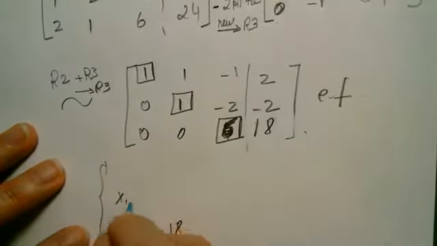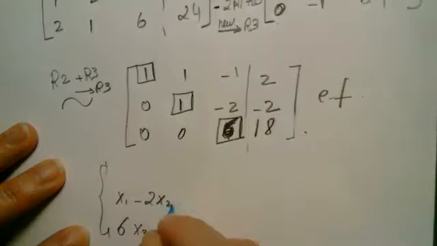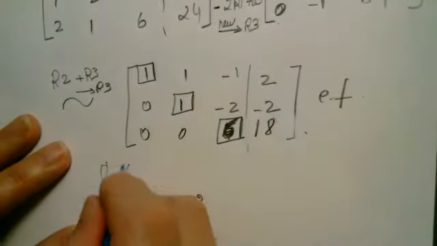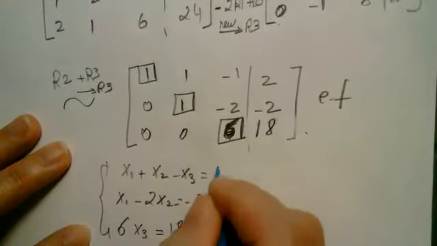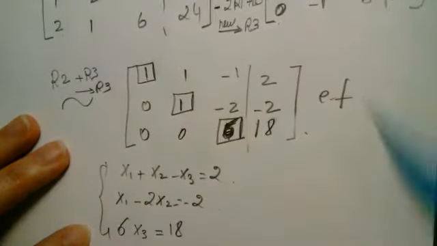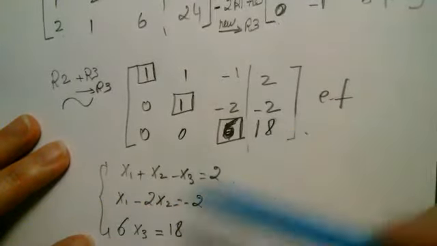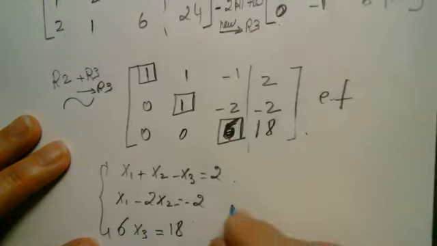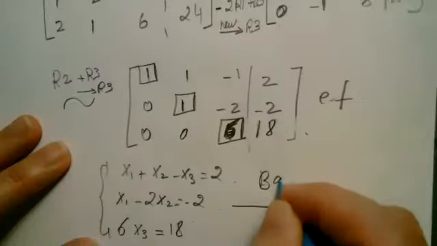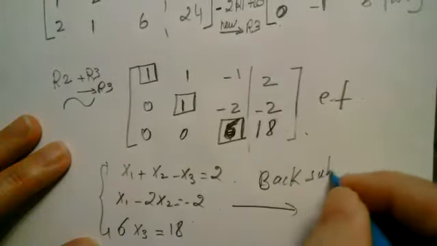The one before it, x2 minus 2x3 equal minus 2. And the first row is x1 plus x2 minus x3 equal to 2. When we hit the echelon form, it means the system is ready to be solved. So I write the system, and now we will use what we did last time, called back substitution.